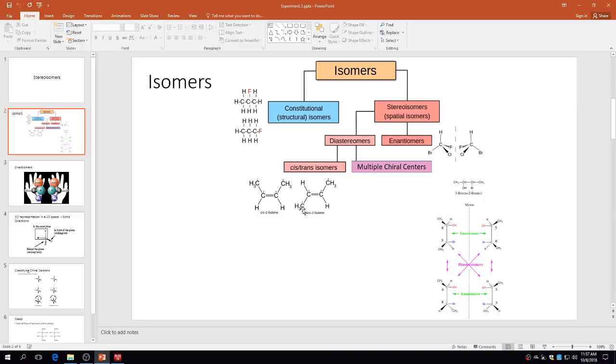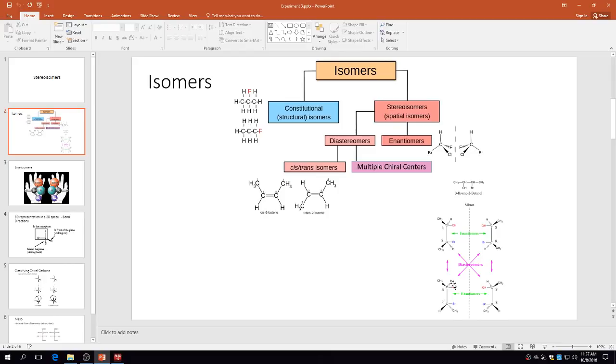Just written differently. So these are among the most challenging because they give the example here of 2-bromo-2-butanol and 3-bromo-2-butanol, and they show all of the different examples, the ones that are enantiomers, the ones that are diastereomers of each other, and these are diastereomers of each other as well. So multiple chiral center molecules, again, can be different types of diastereomers.